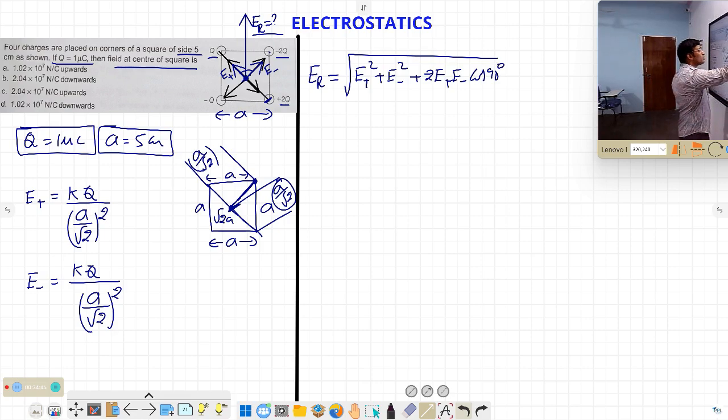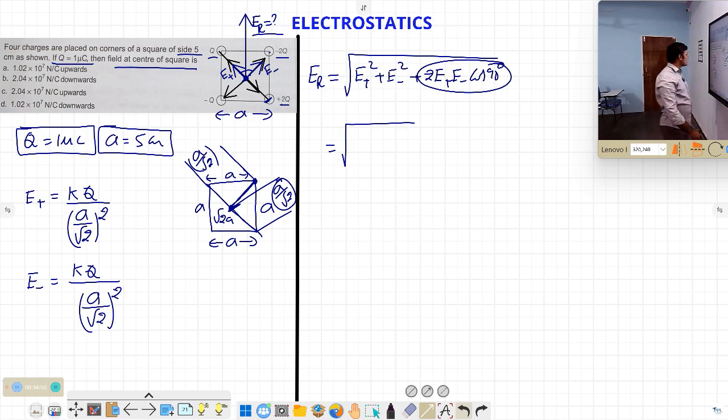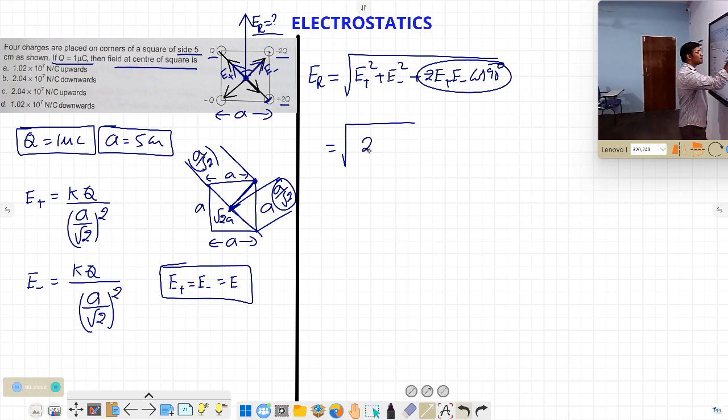Cos 90 is 0, so this term becomes 0. Both magnitudes E plus and E minus are the same, so I can take both as E. You are going to get 2 E square, and the root of that is root 2 E.